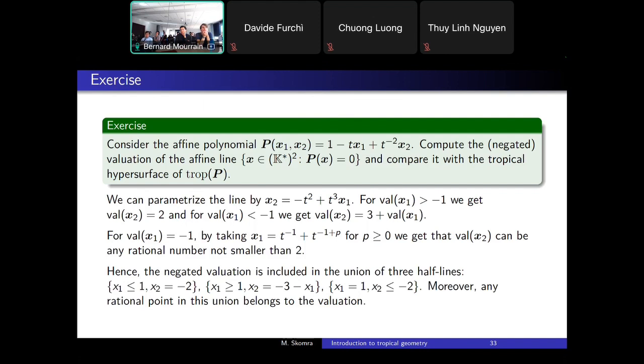For a valuation of x greater than -1, we are on this half-line. That's the half-line coming from the second case. If the valuation is smaller than -1, then we are certainly on this line. That's the half-line coming from the third case. If the valuation is -1, then we will be on this half-line.